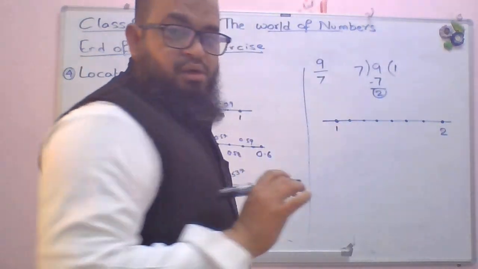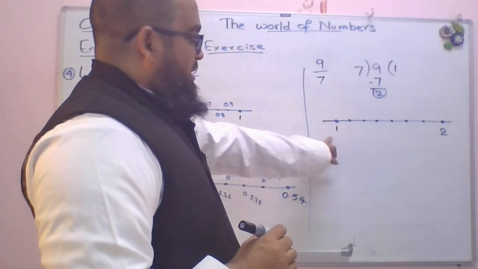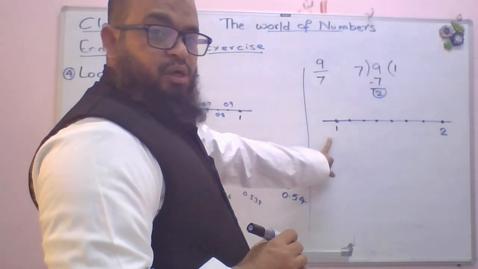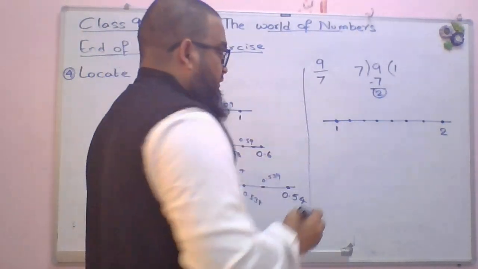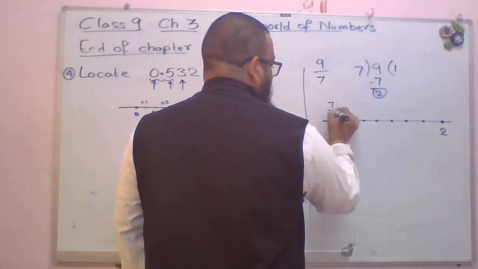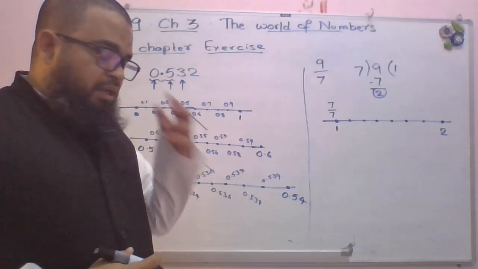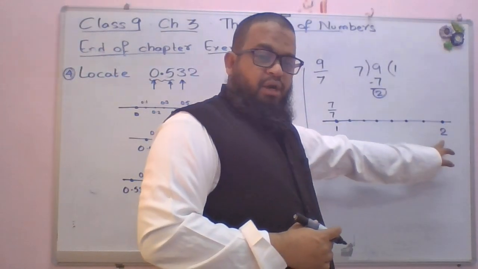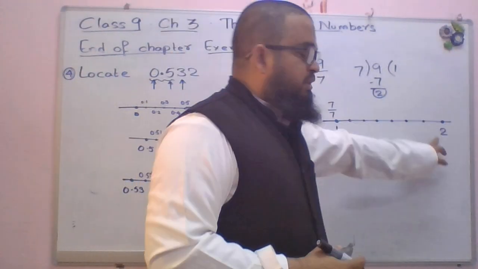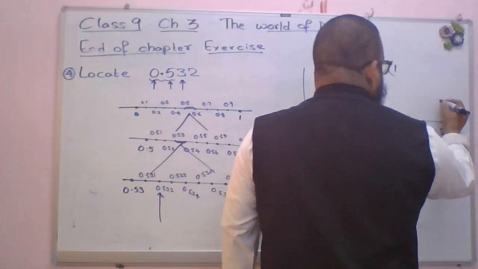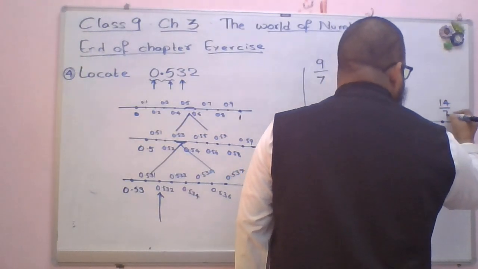First you do it. Now how can you write 1 using denominator 7? Can I write it as 7 by 7? 7 divided by 7 is 1. And now how do you write 2? 7 2s are 14, so I can write it as 14 by 7.